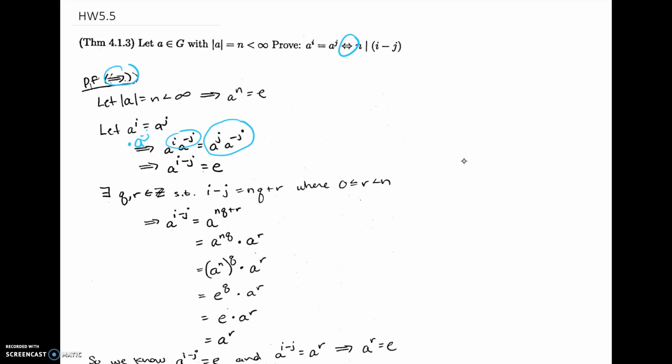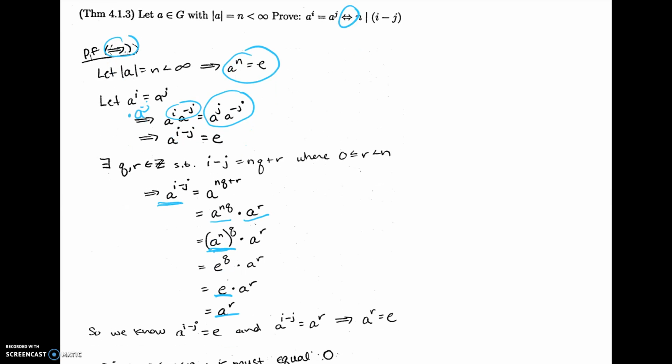A to the NQ plus R equals A to the NQ times A to the R. A to the NQ, you can rewrite as A to the N, to the Q, times A to the R. But we know that A to the N equals E from up there, so I replaced A to the N with E. So E to the Q times A to the R. E to the anything is just E, times A to the R, and E times anything is just that thing, so it's A to the R. So now we know that A to the I minus J equals A to the R.